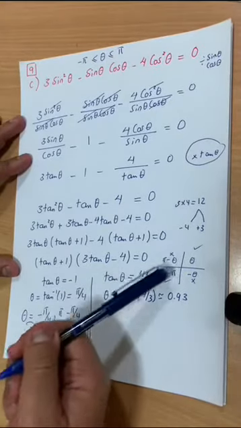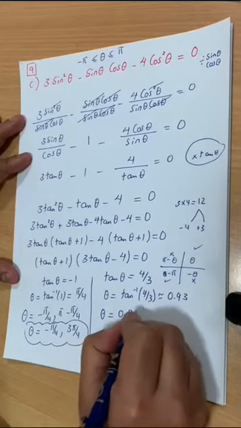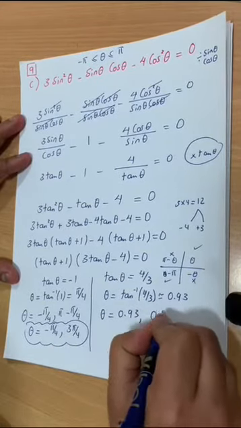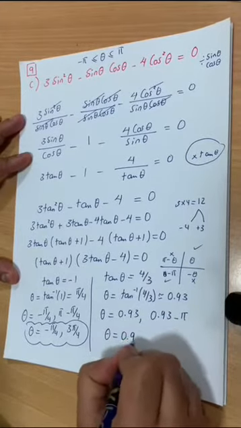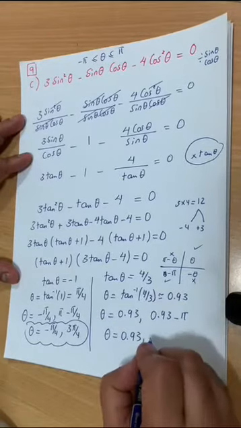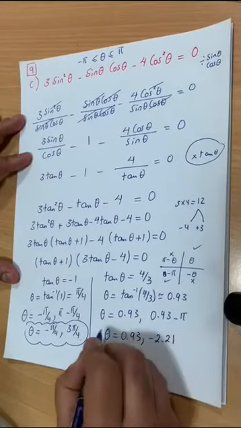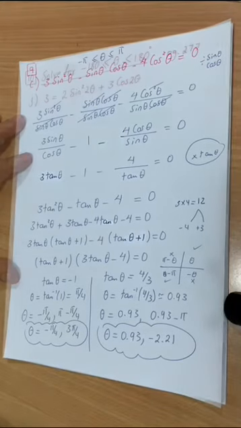Expressions, first and third. So theta equals 0.93 and 0.93 minus pi. So 0.93 radian and 0.93 minus pi is equal to negative 2.21. This is the answer.